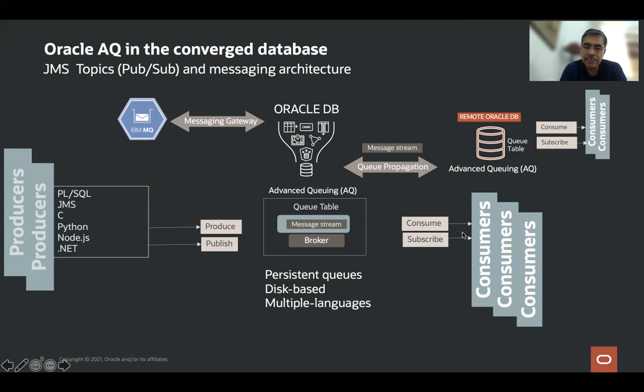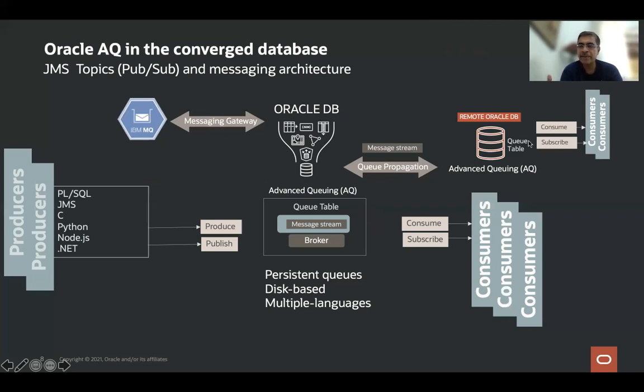On the right, you see consumers, who consume and subscribe. So again, you can do produce-consume as you do in a message queue where you have a directed consumer, or you could do pub-sub where you publish and then subscribers subscribe to that topic. AQ also supports queue propagation. So again, a message stream can be propagated to a remote database, and that remote database then can have consumers there, right?